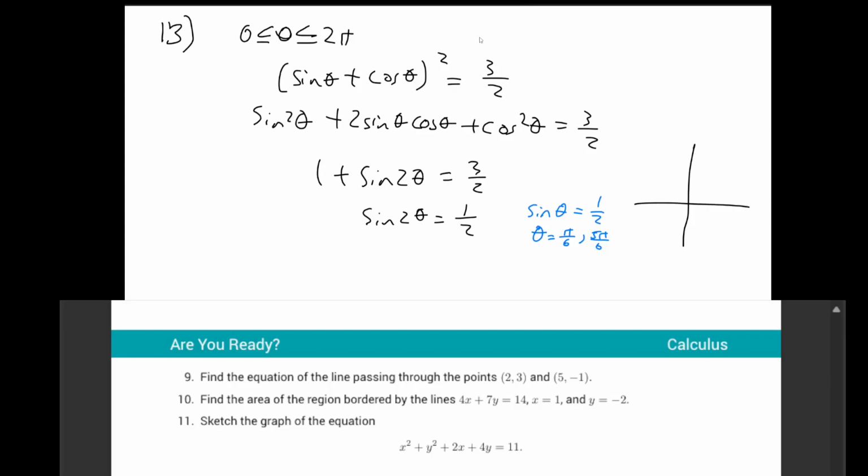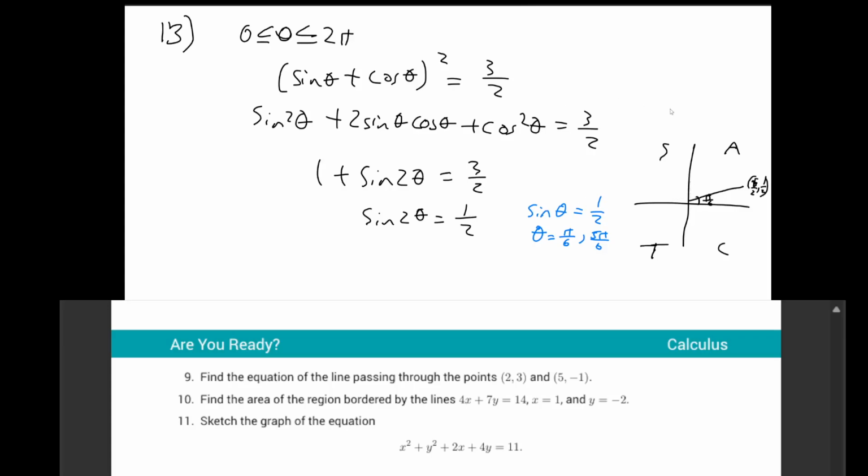Anyway, so if we have pi by 6 and 5 pi by 6, if you're confused on how I got that, think about the first quadrant of the unit circle. This is pi over 6 here, square root of 3 over 2, comma 1/2. And this is ASTC, right? If you don't know, this is the All Students Take Calculus mnemonic. So all are positive in the first quadrant, sine and cosecant are positive in this quadrant, tangent and cotangent are positive in this quadrant, and then secant and cosine are positive in this quadrant.